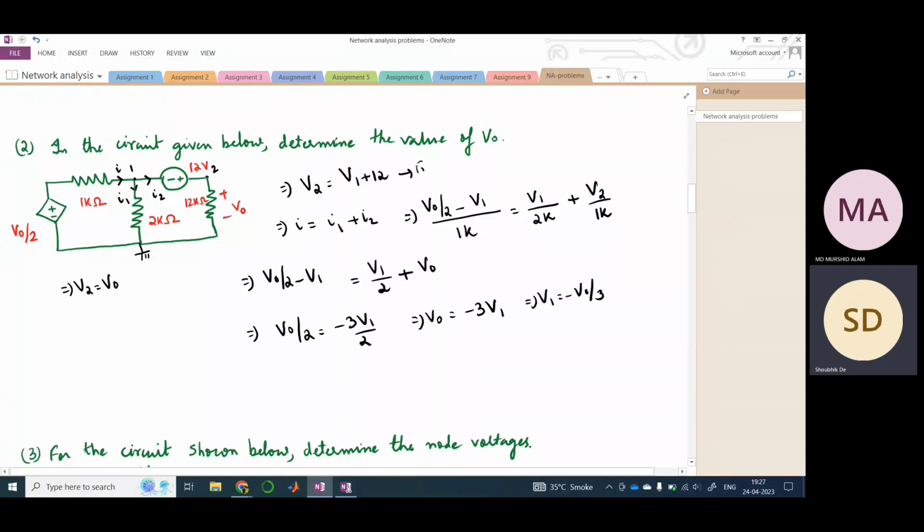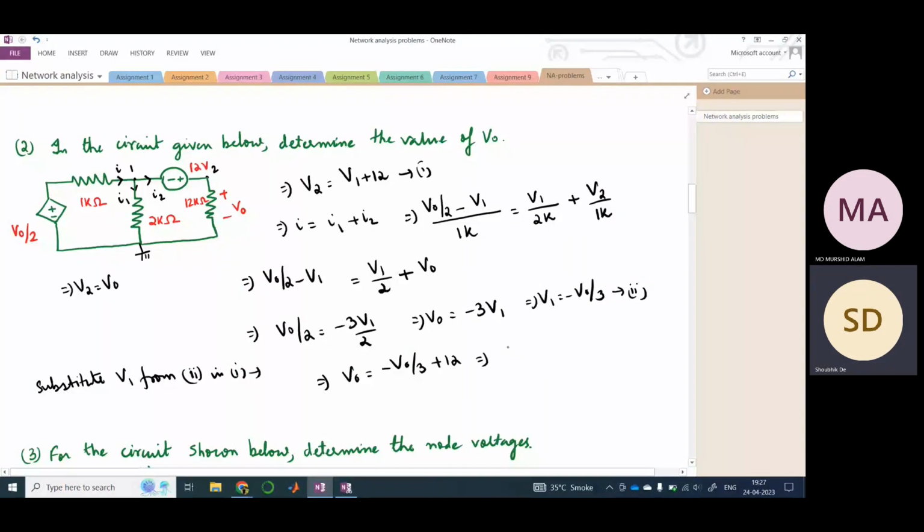So let us call this equation number 1 and let us call this equation number 2. So simply substitute V1 from 2 in 1. So your V2, or the V0, is minus V0 by 3 plus 12, right?